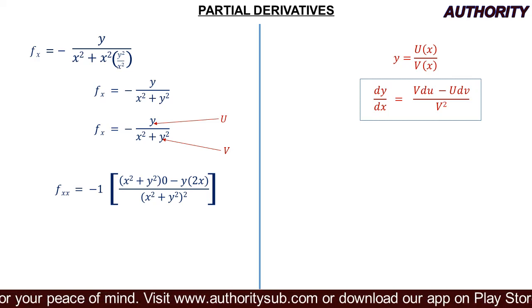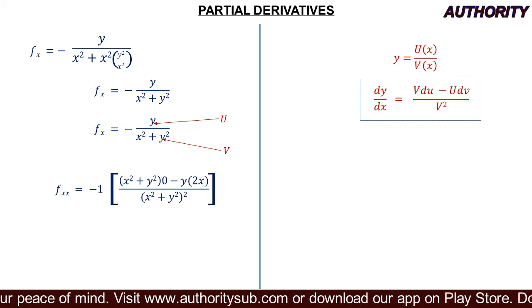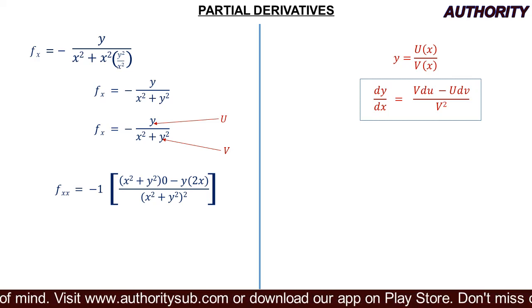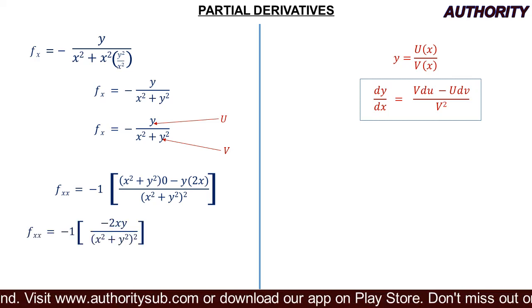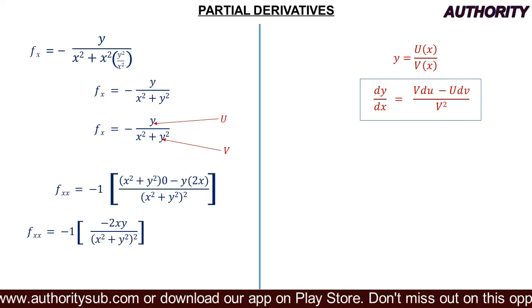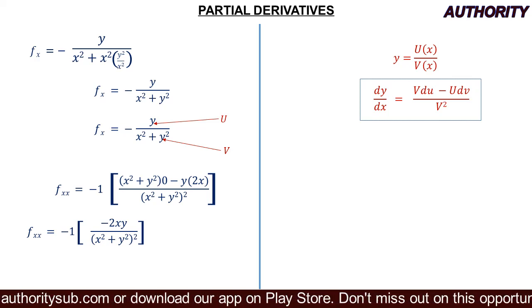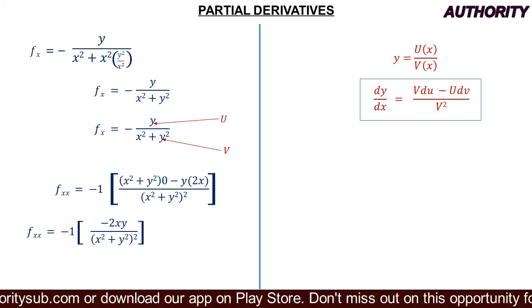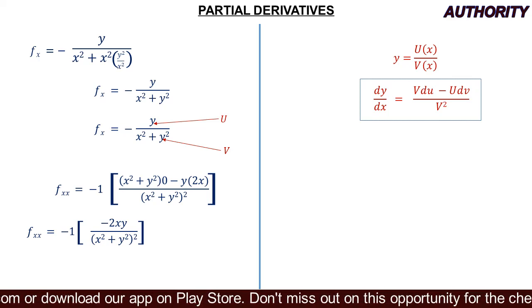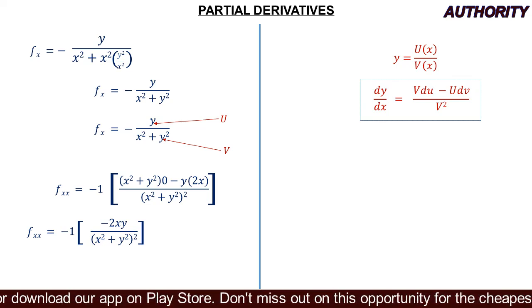Good. Now let's simplify the numerator. So here we have x squared plus y squared in brackets multiplied by 0, which is going to give us 0. Then we have minus y open bracket 2x. So in the numerator, we're going to be left with minus 2xy. But remember, we have minus outside. So this minus outside multiplied by the minus inside is going to give you positive.